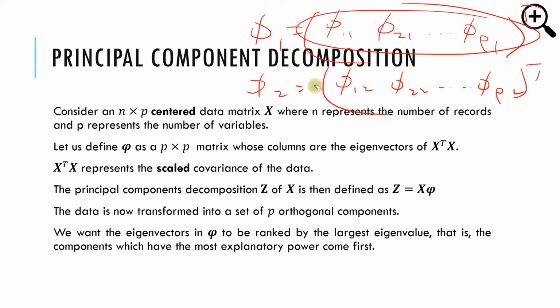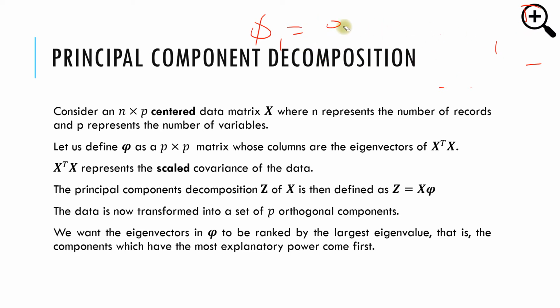This is what we discuss through the principal component decomposition. We will talk about how we get these phi 1 and phi 2, that is these vectors. These loadings are going to represent what we refer to as eigenvectors, right?